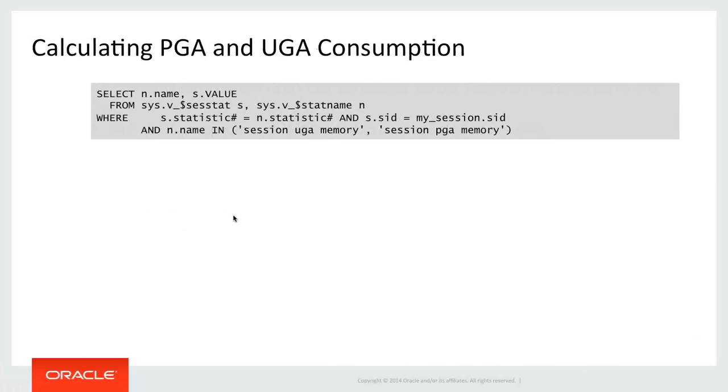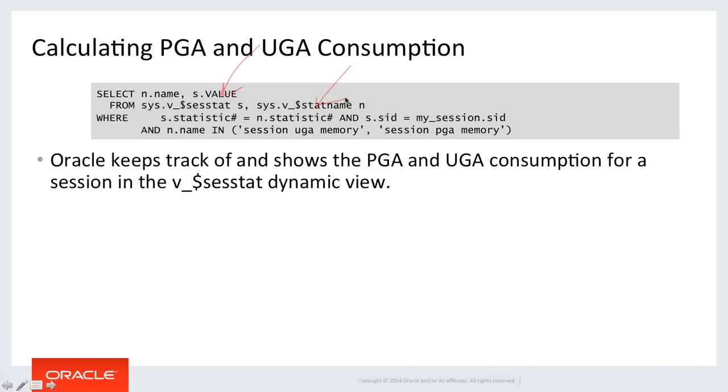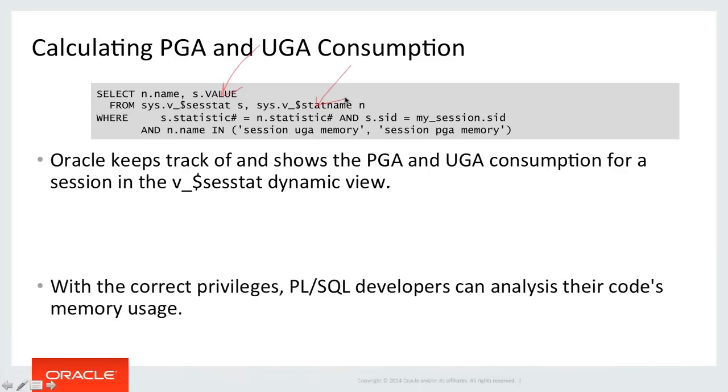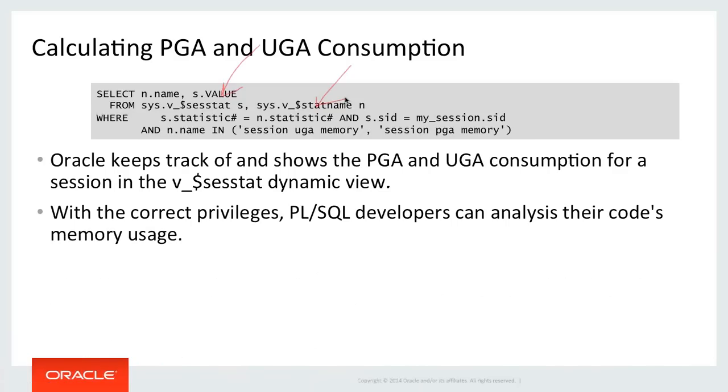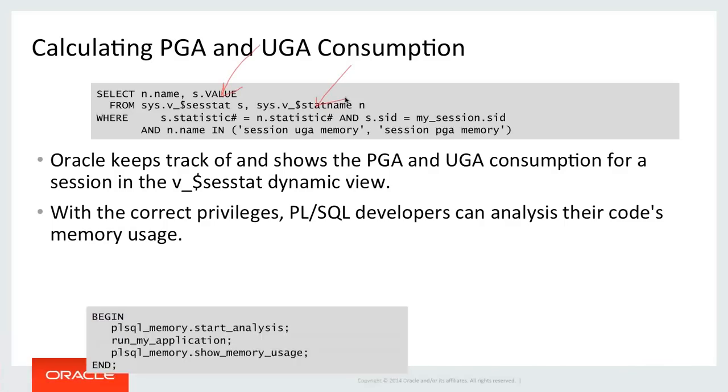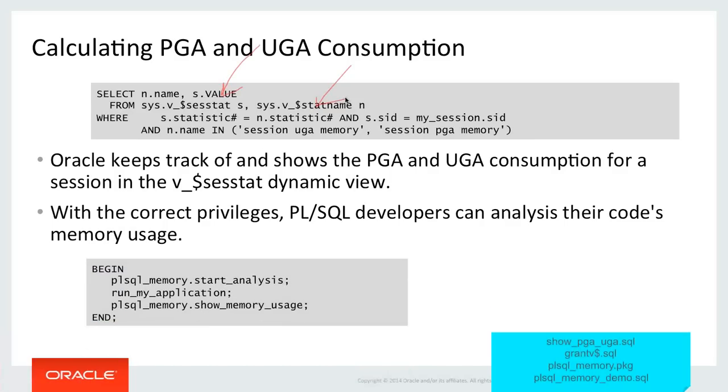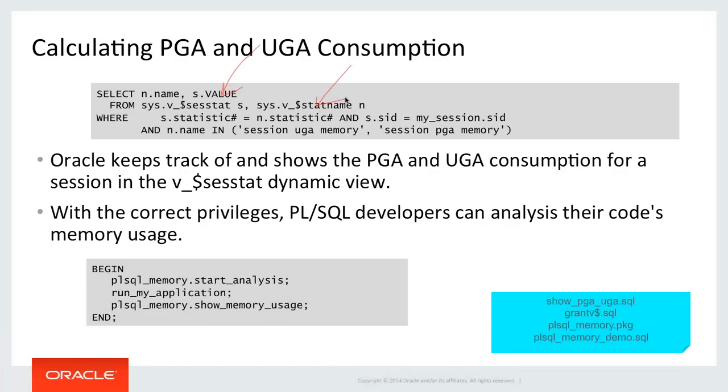You can calculate PGA and UGA consumption by looking at a variety of V$ views, such as session statistics and statistics name. So Oracle keeps track of all this information as the database is running for each session. And if you have select authority on those V$ views, you can analyze your code's memory usage. So now what I've done is build, with a friend of mine, John Bresnovich, a package called PL/SQL Memory.